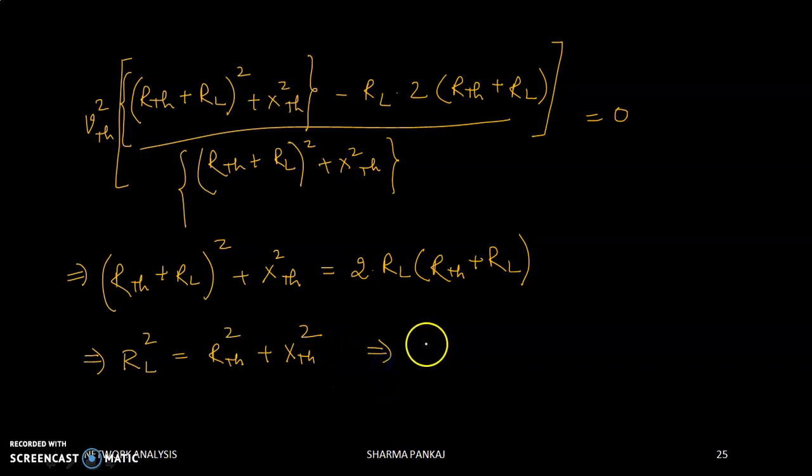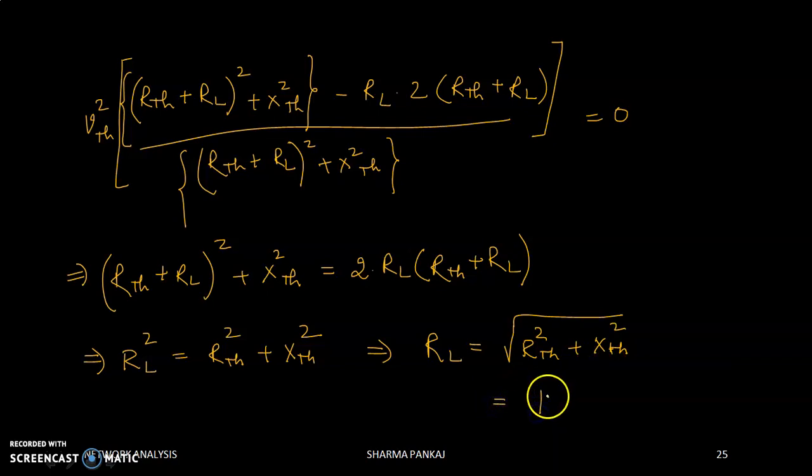That implies RL will be equal to under root R square, that is RTH square plus XTH square, which is absolute value of ZTH.